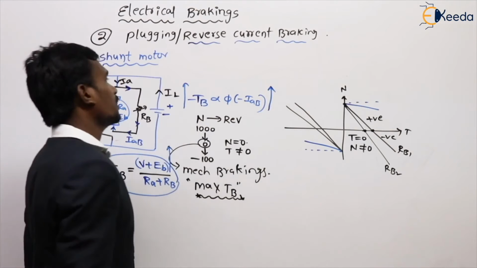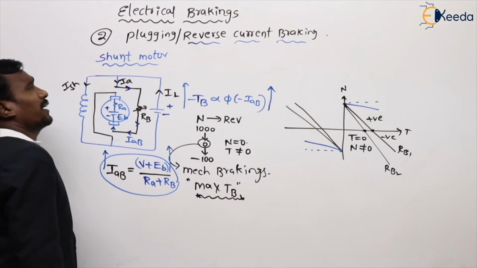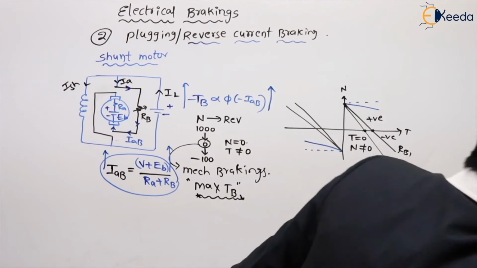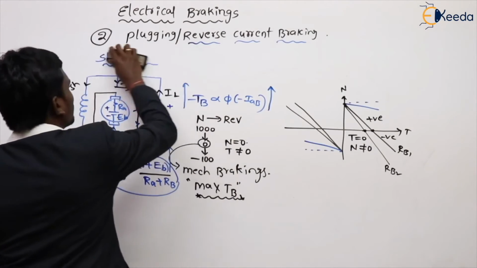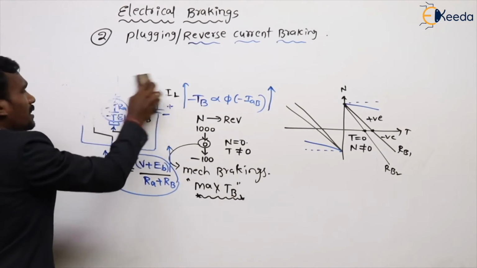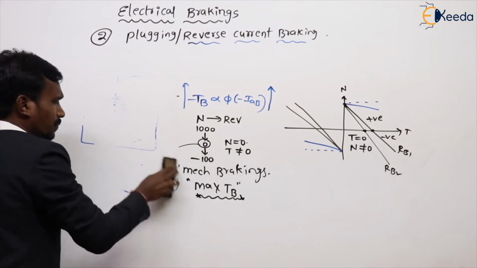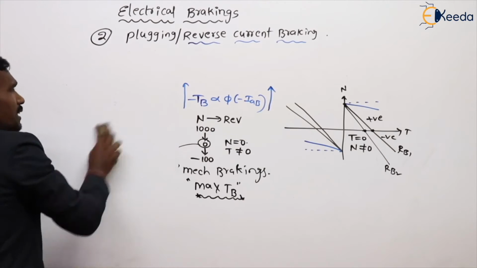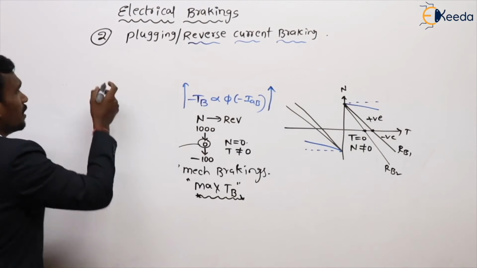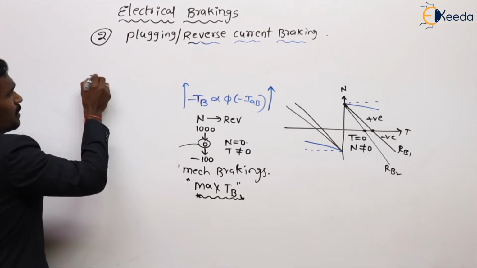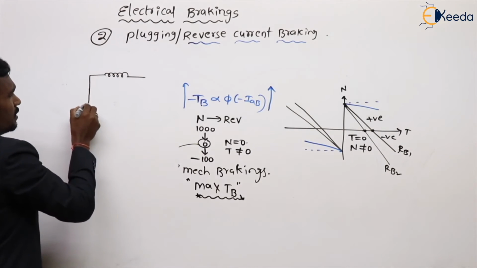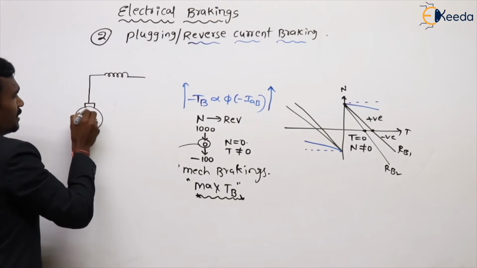Now, let's try to draw the same for DC series motor. Let's see how the plugging is applied for DC series motor. So, let's take here DC series motor. Actually, the series motor is like this.